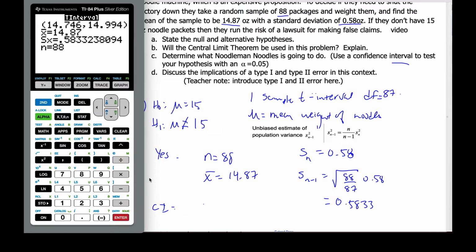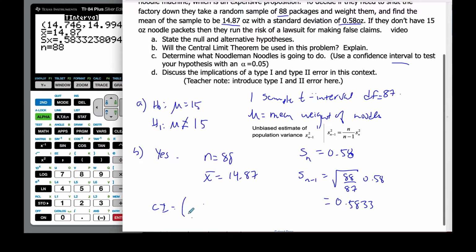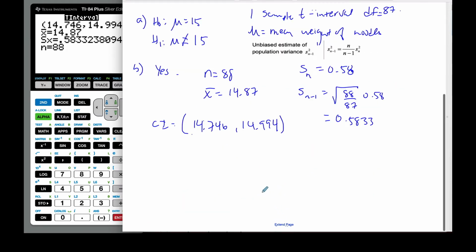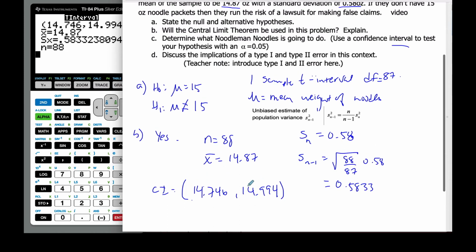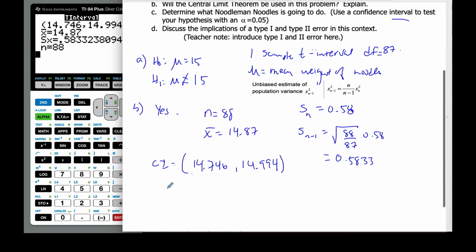And I get this particular confidence interval: 14.746, comma, 14.994. And so based upon this, what I can say is, therefore, 15 ounces is not in the interval.